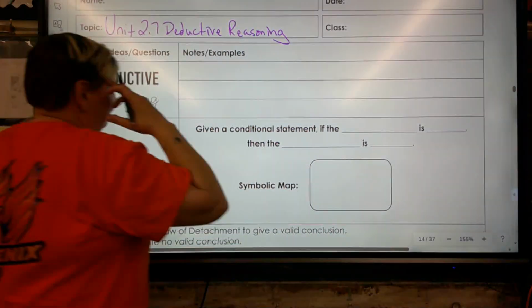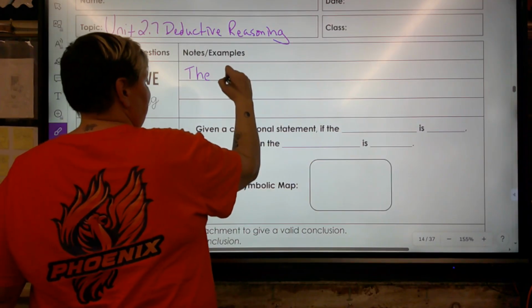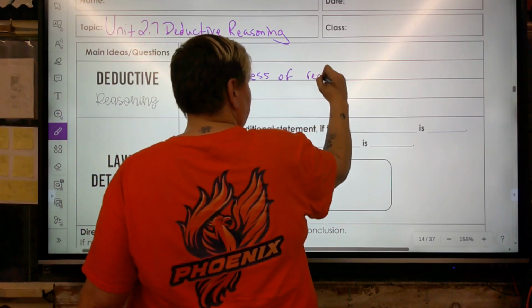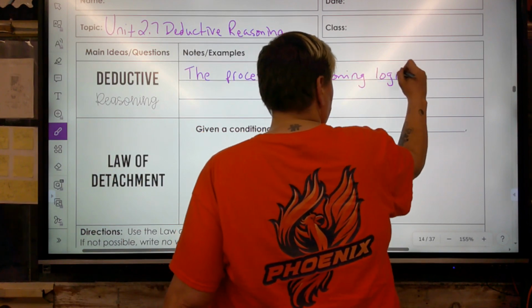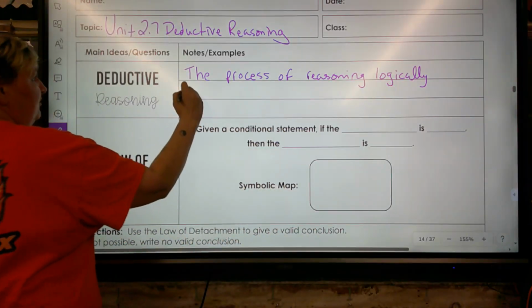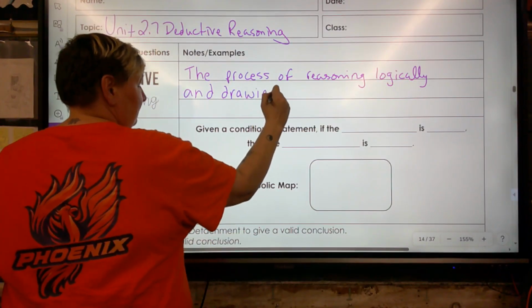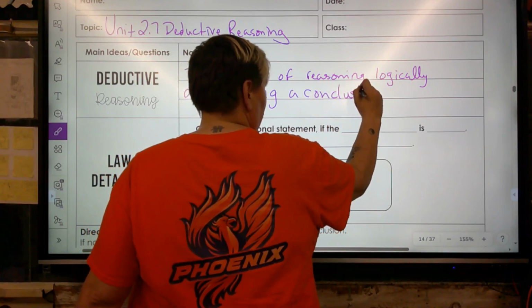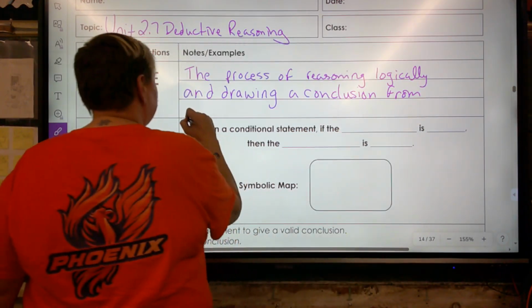So deductive reasoning is the process of reasoning logically and drawing a conclusion from facts and statements.